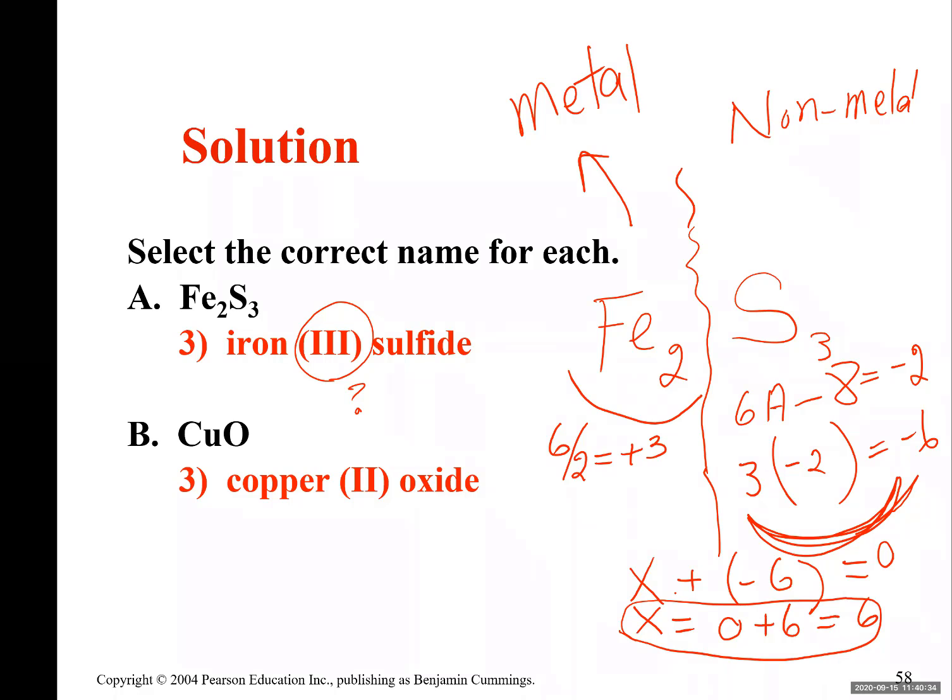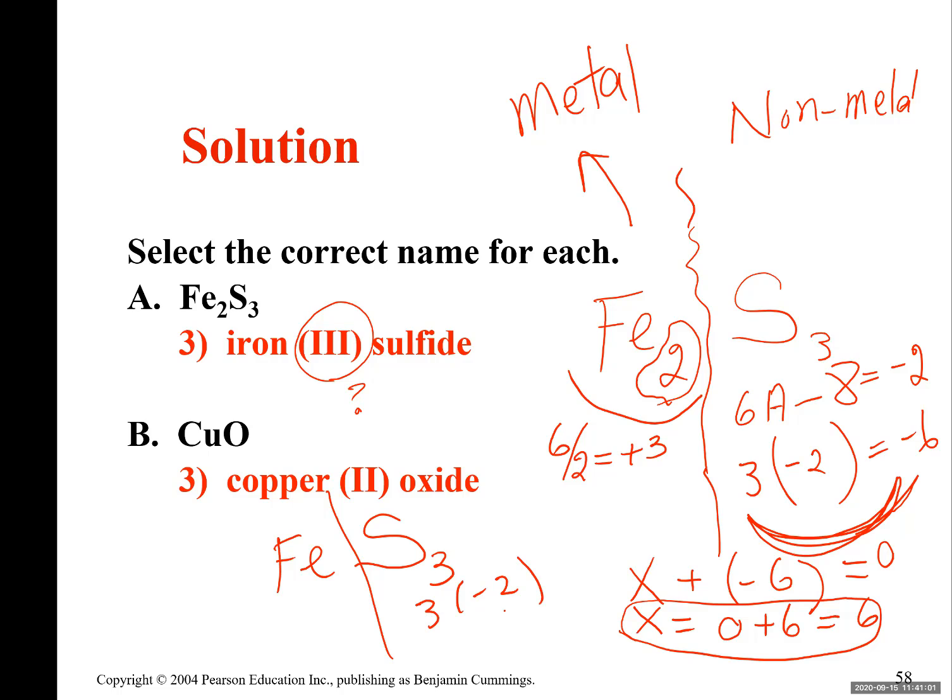So how come it wouldn't be iron 6 sulfide then, instead of iron 3? Is that because you're only accounting for the 1 iron instead of worrying about 2? No. How many iron do I have? Let's do this one. Do I have 3 times -2, which is -6?